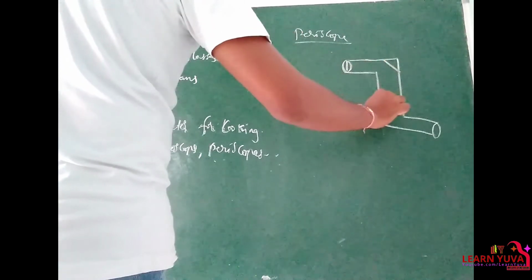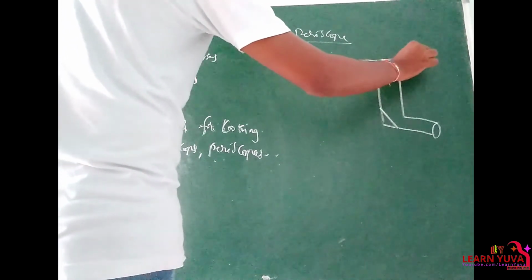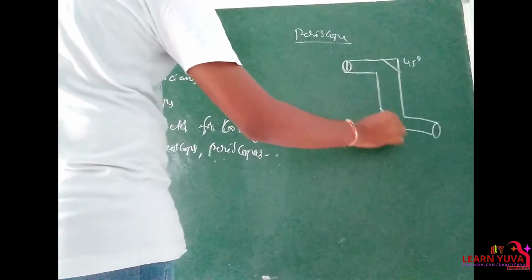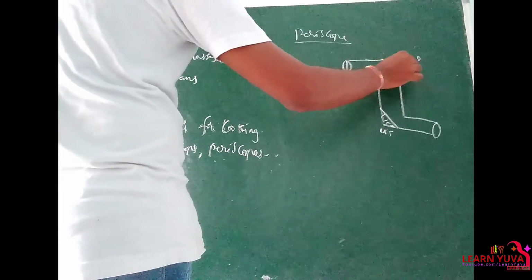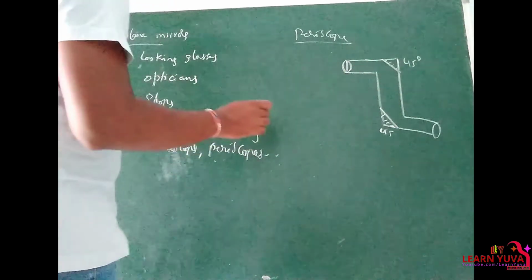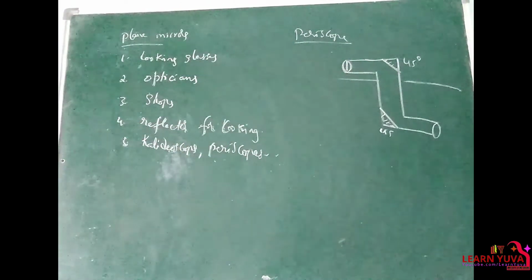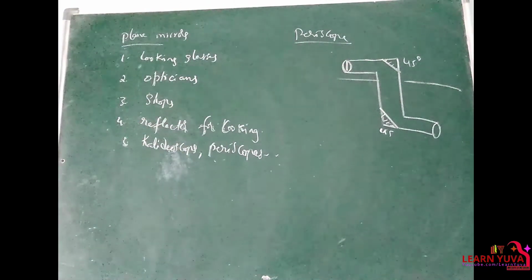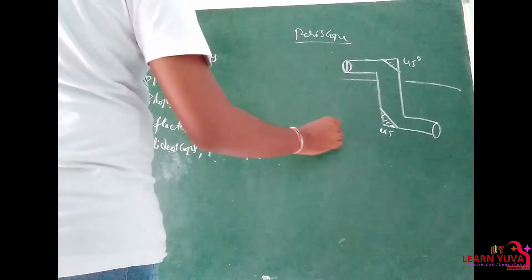We place the plane mirrors at these positions at 45 degrees. The outside is the reflecting surface. These periscopes are used by army people, and are also used in submarines.